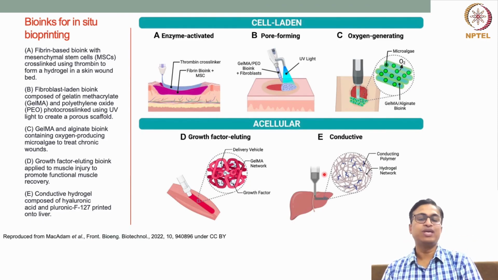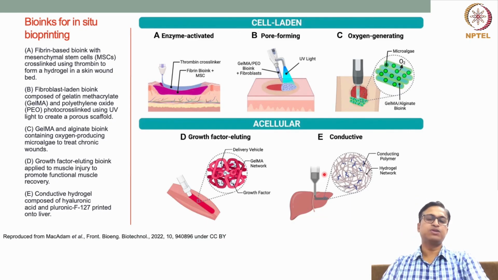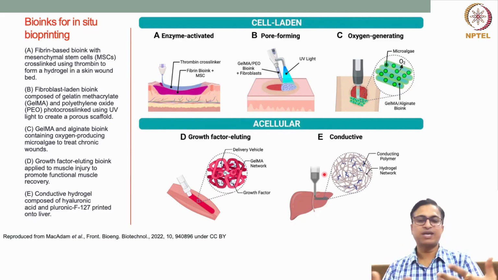By this way we can also use collagen for in situ bioprinting by putting it in the wound bed. The wound bed in our body typically has a temperature of around 37 degrees centigrade, so that will induce the cross-linking of the collagen molecules, and it will become a gel.